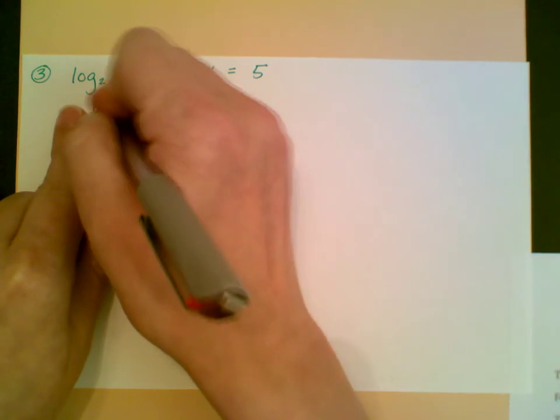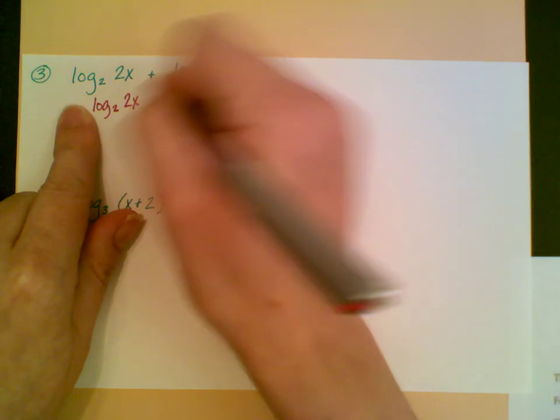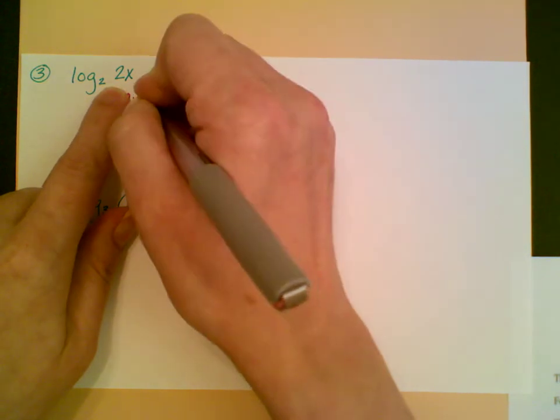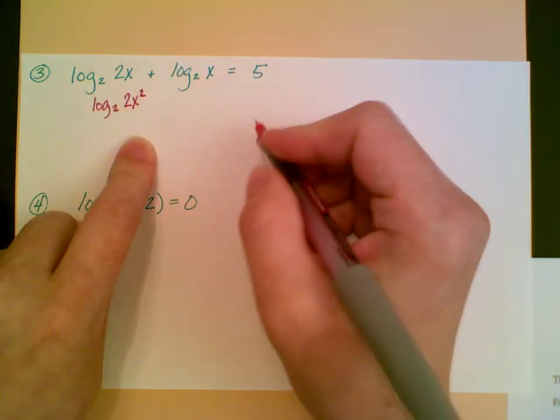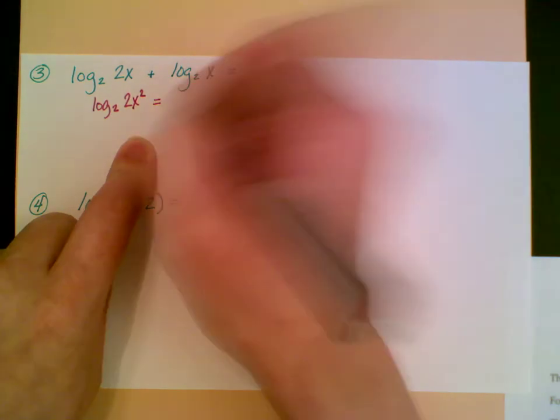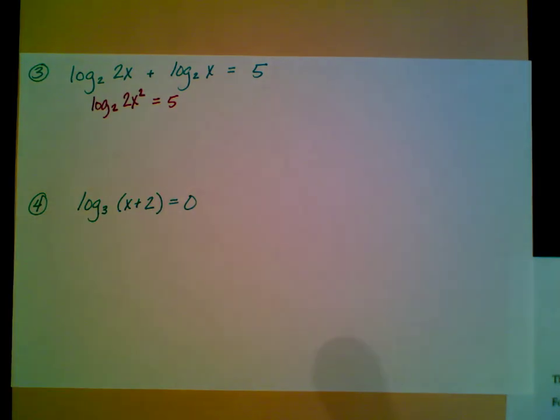I get log base 2 of 2x times x, because I'm multiplying my inputs together, and 2x times x is 2x squared, and that is equal to 5. So now I can rewrite that in exponential form.